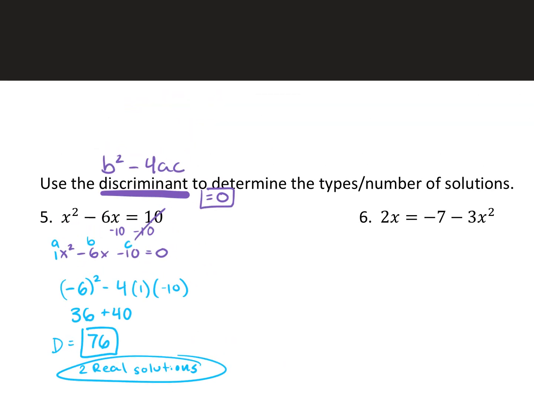So if your discriminant ends up being a positive number, you have 2 real solutions. If your discriminant is 0, you have 1 real solution. And then if your discriminant is negative, then you have no real solutions.